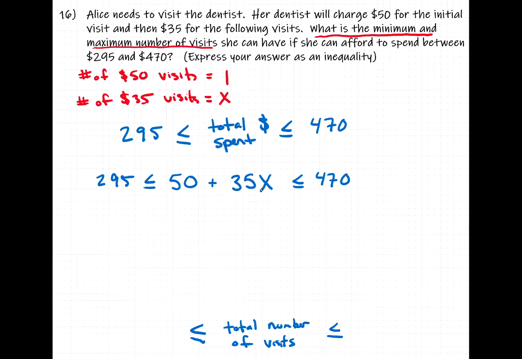All right, so let's see if we could solve this for X. Looks like we're going to apply the addition rule and the multiplication rule. So we have a positive 50 here. So let's get rid of that with a minus 50. And whatever we do to one side, we have to do to the other sides. So we have to minus 50 from the right, and we have to minus 50 from the left.